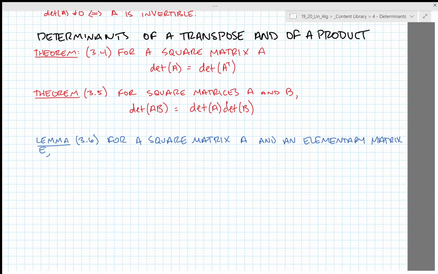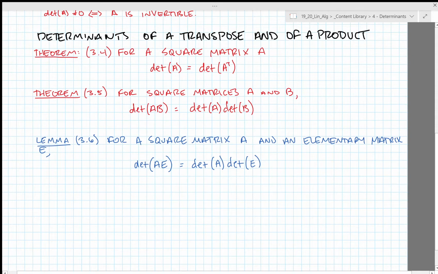So if we have a product AE, if I do a row operation on some matrix, it's the same as if I take the determinant of the original matrix and then take the determinant of the matrix that does that row operation.